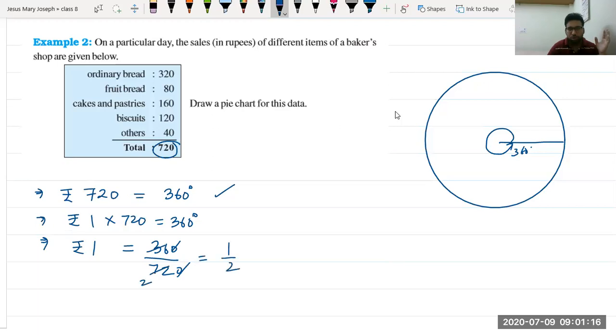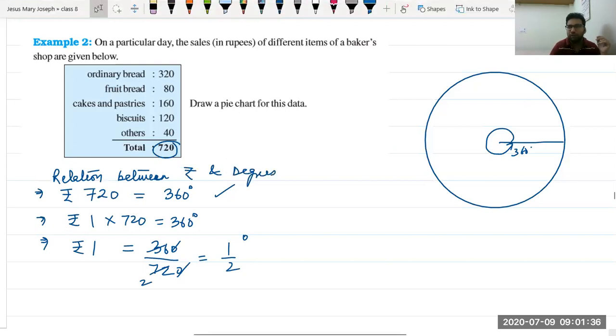So 1 rupee is same as 1 upon 2 degree. So we are writing the relation between rupees and degrees. Are you getting this point? What I have done? Please confirm.